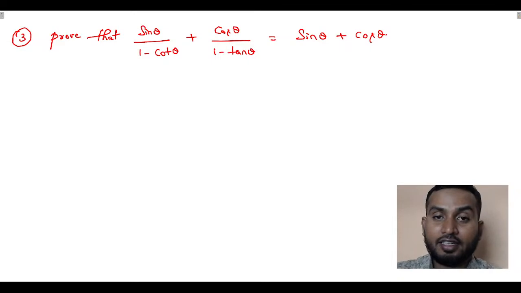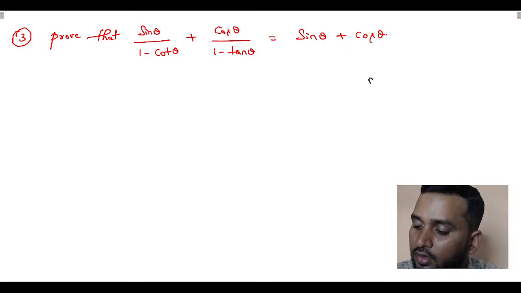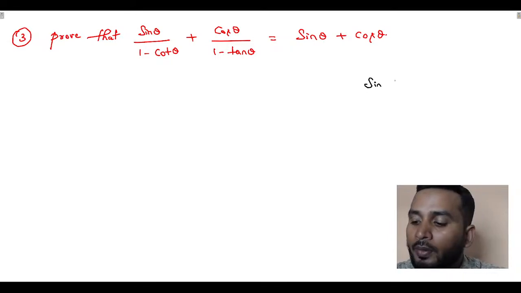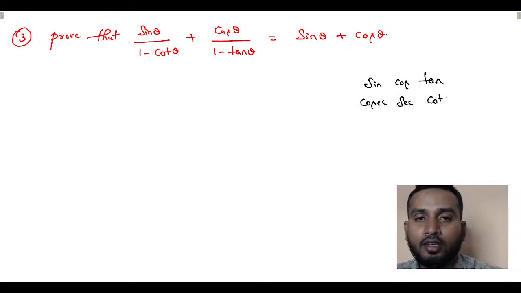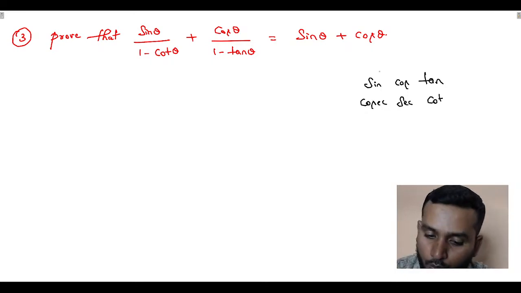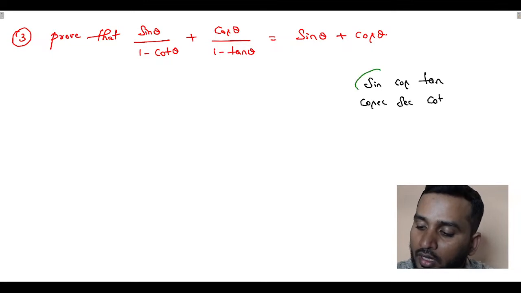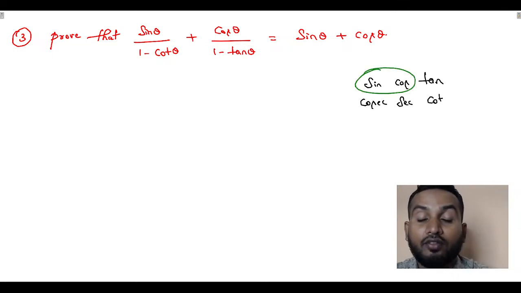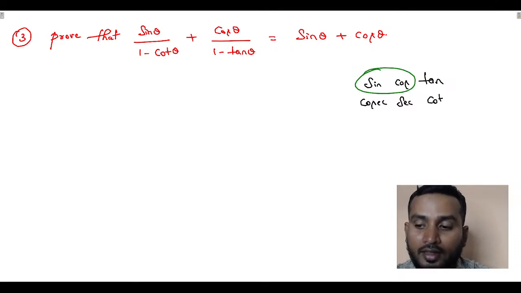Okay. Very interesting problem. I will give one clue for what you have to do here. We know that the standard trigonometric ratios are sin, cos, tan, cosecant, secant and cot. Alright, child, in case in the question sin and cos are given, please don't do anything for that. Keep it as it is. In this kind of prove that sums, if you get any value like sin and cos, don't do anything for that. Keep it as it is.